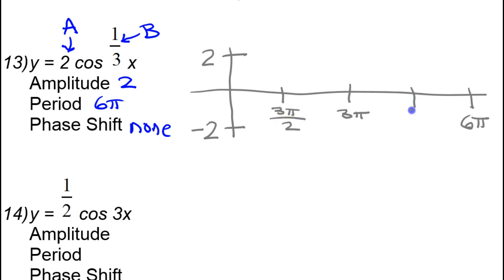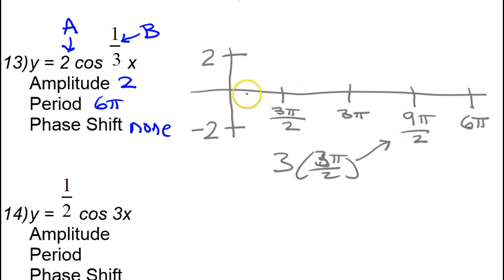And then this position should be 3 times whatever this is. So if I take 3 times 3 pi over 2, then that's going to give me 9 pi over 2. All right, it's 1 of these, 2 of these, 3 of these. That's why I just multiply by 3.